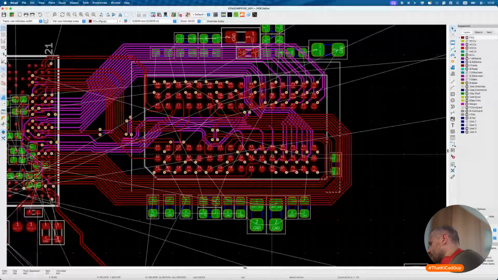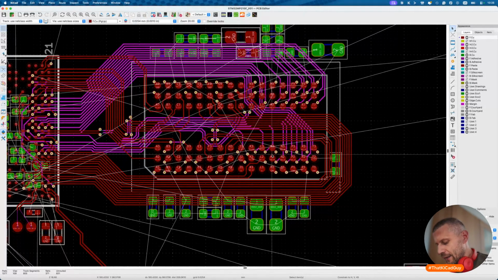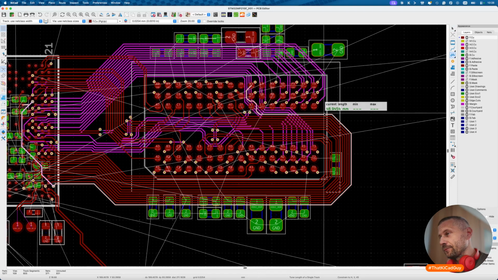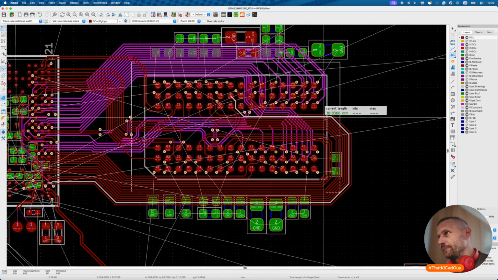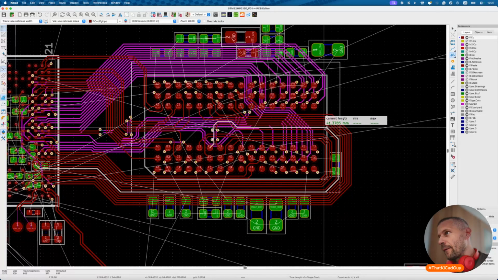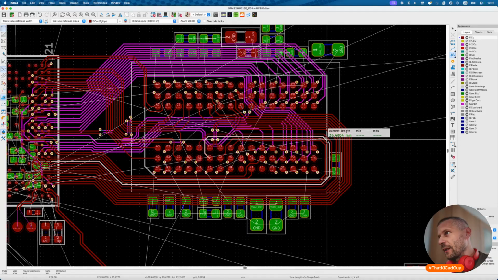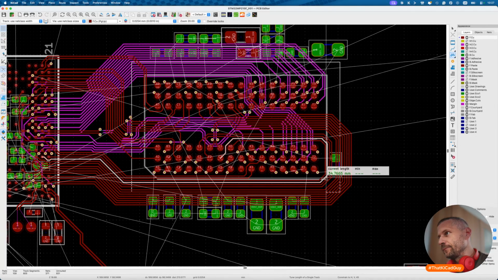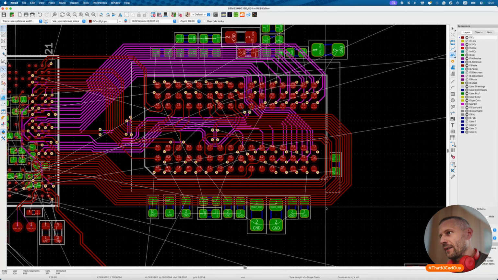So let's make a list. How to identify the most difficult to route path. It can be the longest path. Okay, so let's check all the nets. 48. Still 48. Yeah, 48 in the reds.